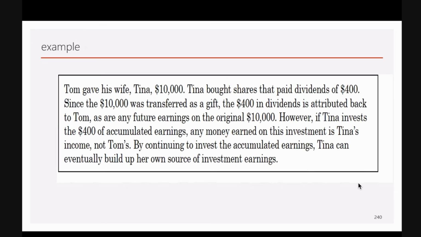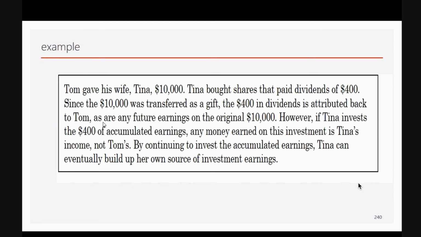If Tina is a sister of Tom and is over 18 years old, then Tina reports the 400. But now Tina is Tom's wife, so Tom needs to report. Understand? Yes.